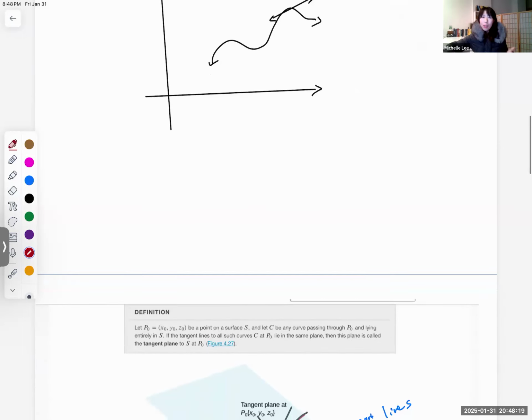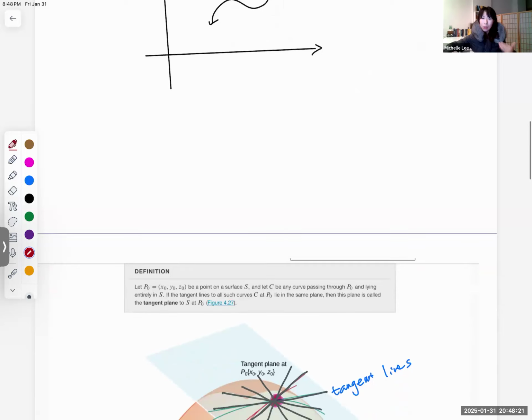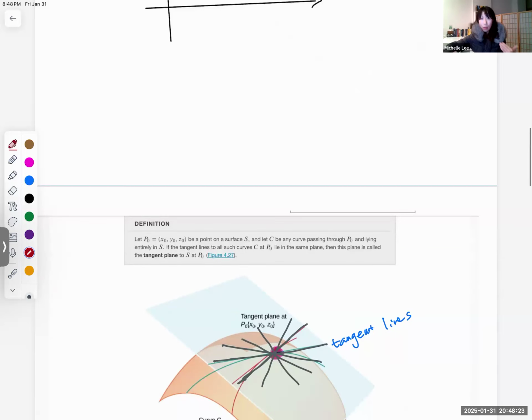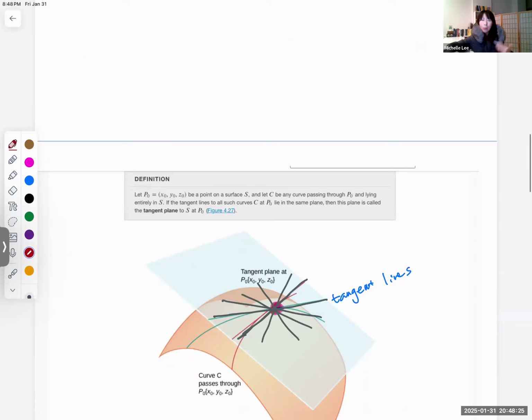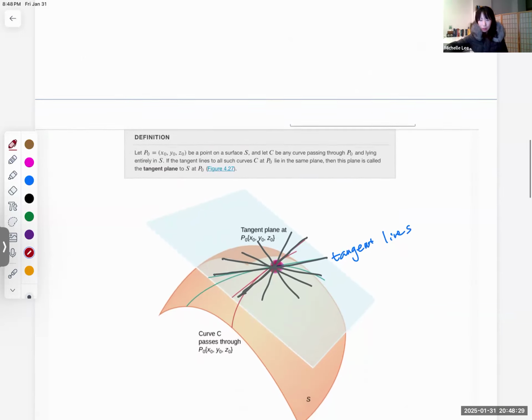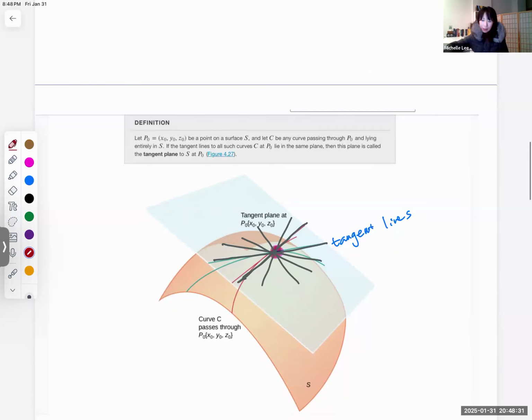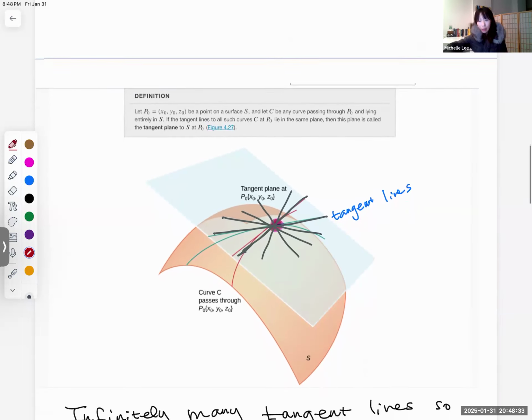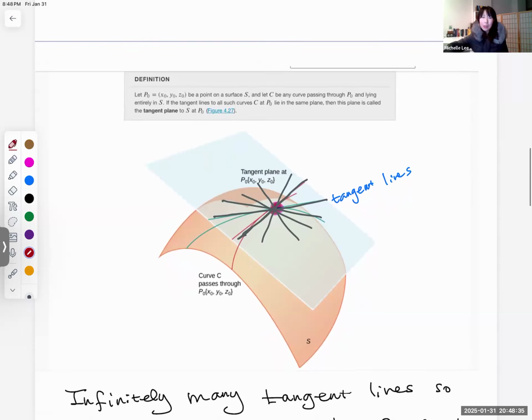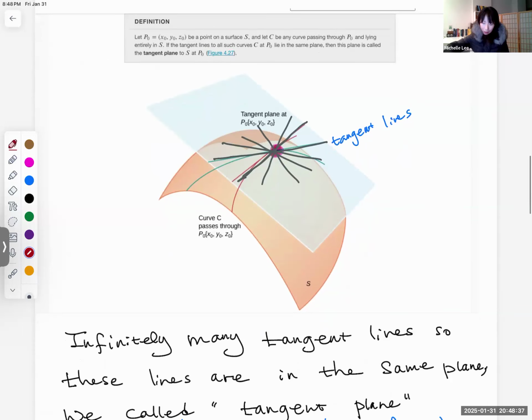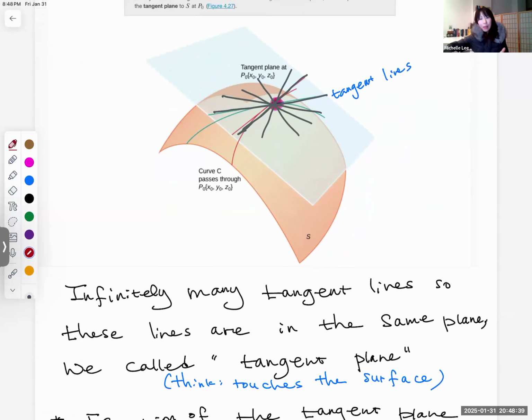So we have many tangent lines, right? We learned the slope of the tangent line with the partial derivative in the previous section. So we have a surface, and we have many tangent lines, and we call that a tangent plane, all right? We might think of the plane as touching the surface.